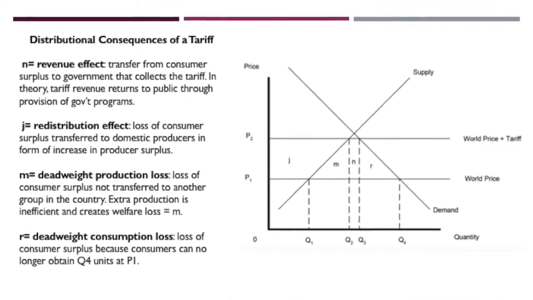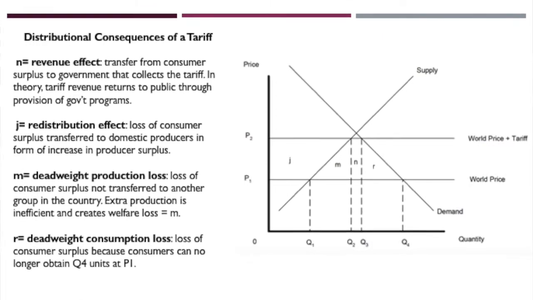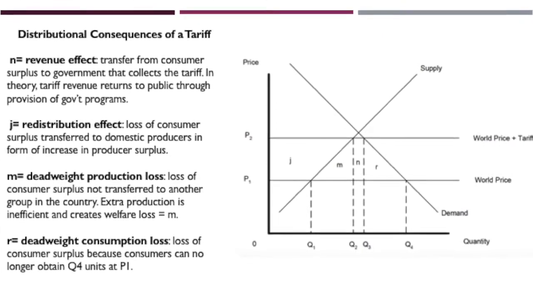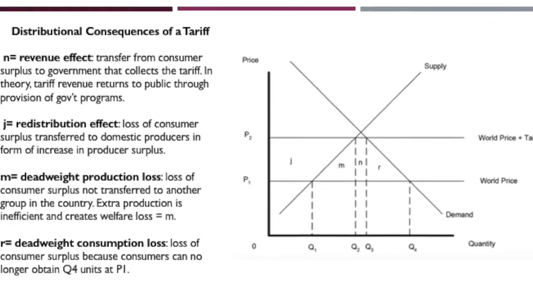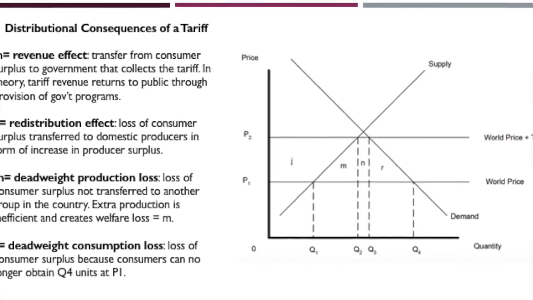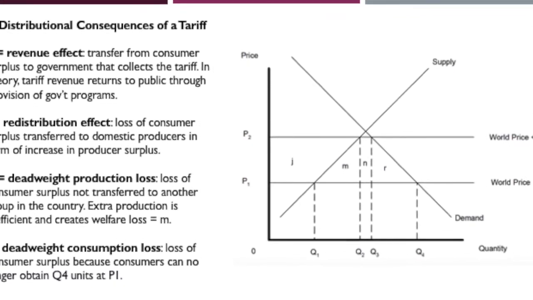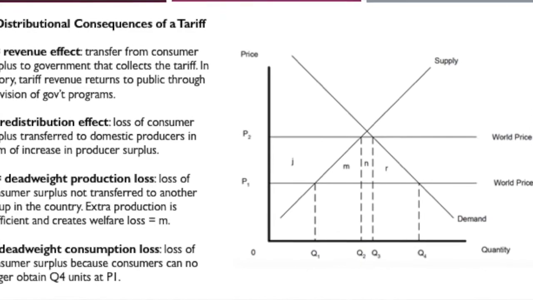What about N? And this is one of the more important bits to focus on. N is the tariff revenue itself. So all of these losses in areas J, M, and R are at least to some small degree offset by the revenue effect, the tariff revenue. This is tariff revenue that goes into the Treasury.